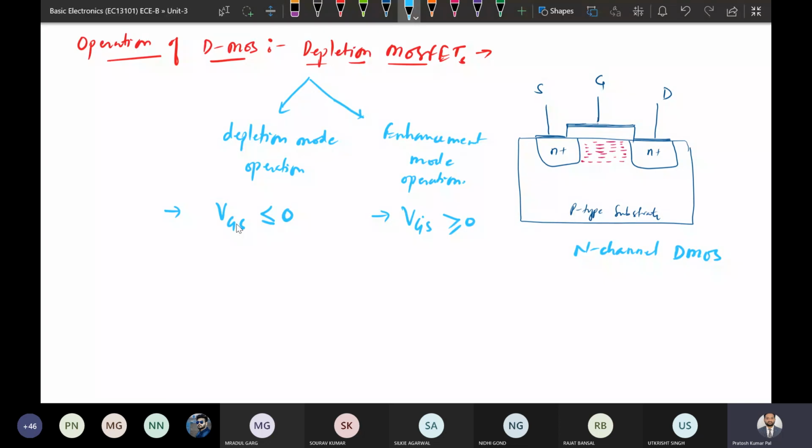This is the basic difference between enhancement mode and depletion mode operation. In depletion mode, for an n channel MOSFET, the gate to source voltage is less than or equal to 0, while in enhancement mode it is equal to 0 or greater than 0. So we will start with the depletion mode operation.